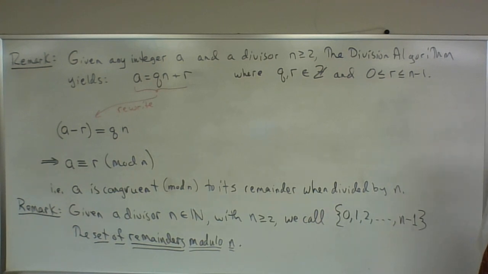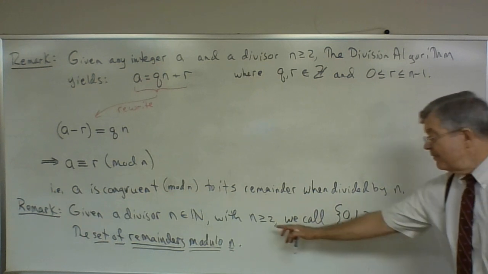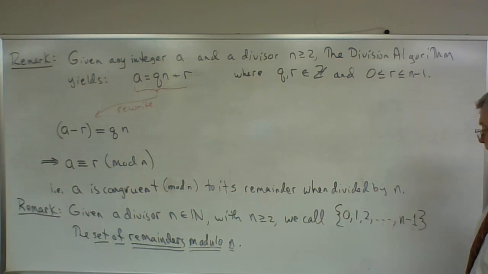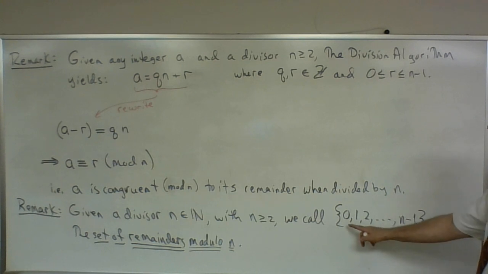If we divide any integer by n, where n is a natural number greater than or equal to 2, the remainder has to be one of these numbers. And we call this the set of remainders modulo n.